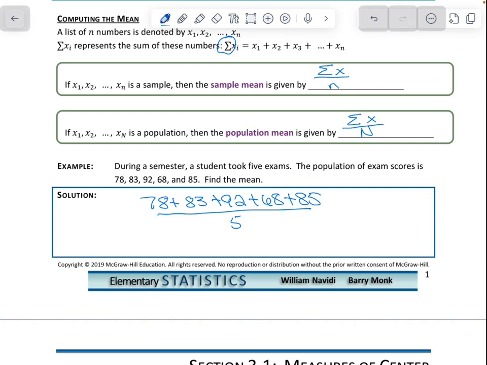I believe I got 81.2. And since this is a student who took 5 exams, this is the population, so this would be mu.